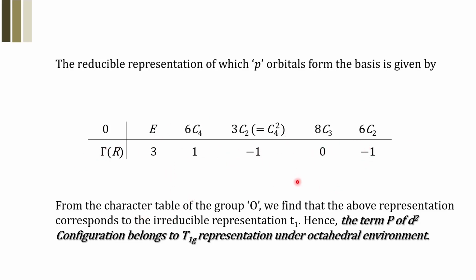Even if we do so, it will ultimately come into T1 species because they are even to the inversion, and therefore this configuration would straightforwardly belong to the T1g representation under the octahedral environment.